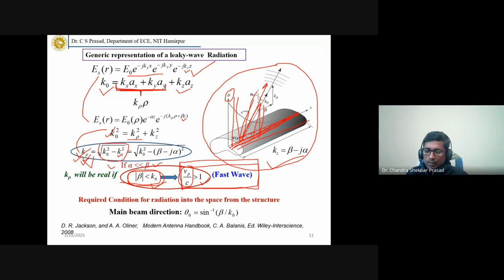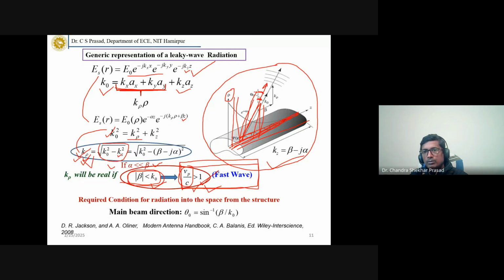Here I am talking about general structures. There are some artificial designs like metamaterials, and there we don't need this condition. But for general structures, you have to have this fast wave, and for that, this condition must be there. Now, if you see this structure, you can find the direction of radiation, this theta naught angle.